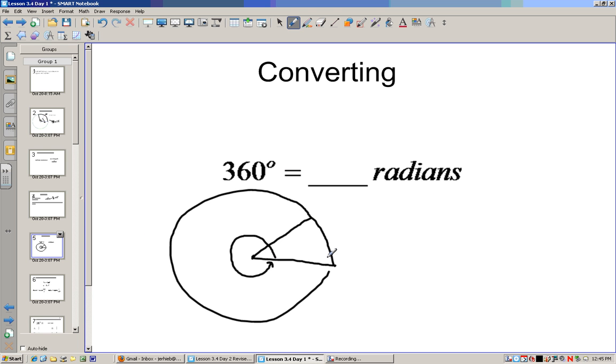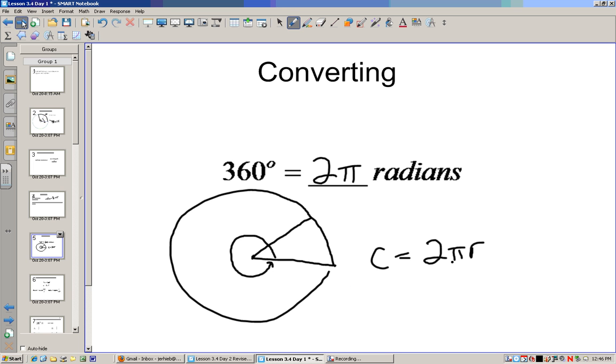Well, we know a whole circle is 2 pi times the radius. That's the distance around an entire circle. We call that the circumference. So if my radius is 1, my distance around is 2 pi. So 360 degrees is 2 pi radians. And the reason why I put in 1 is because this is the unit circle that we're dealing with.